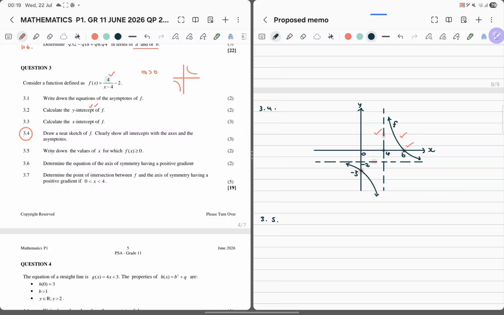Stop crying for nothing. Write down the values of x for which our f of x is greater than 0. When is our f of x greater than 0? You know that our f of x is greater than 0 here. Okay, maybe let's do it like so.